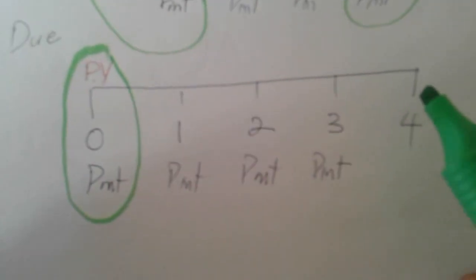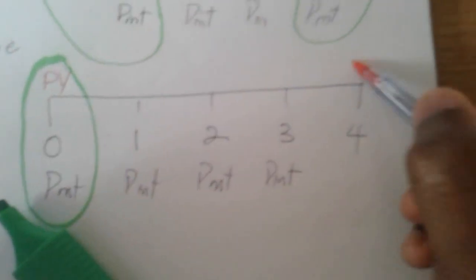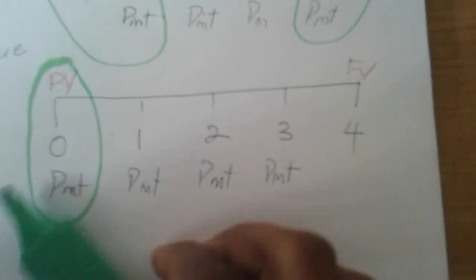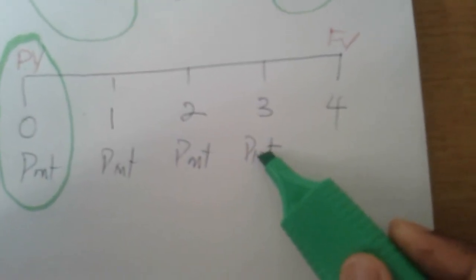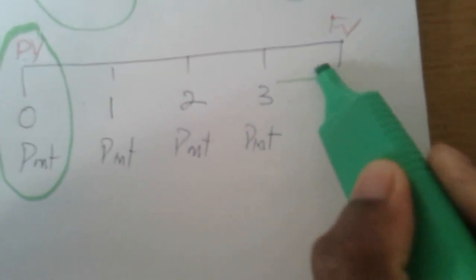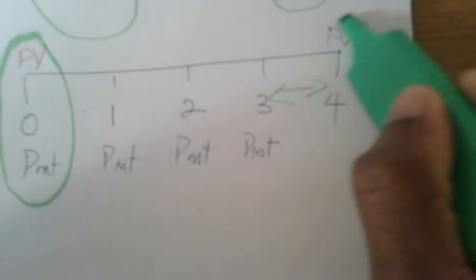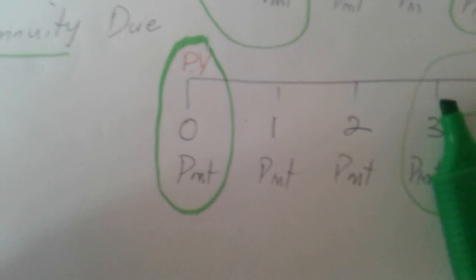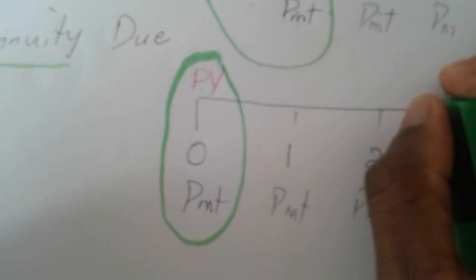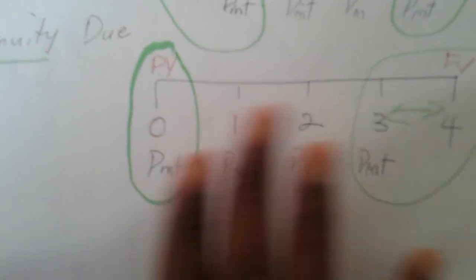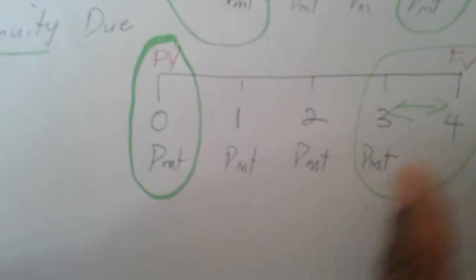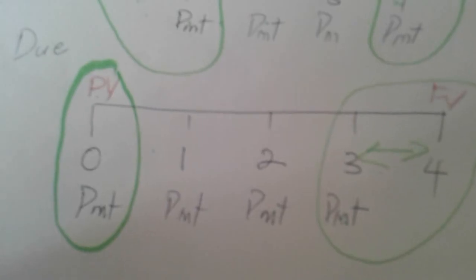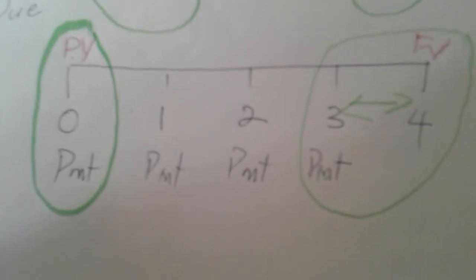Or if your future value and your last payment are 1 period apart, then again you are dealing with an annuity due. So whenever you are given a question on annuities, first of all, draw your timeline, and see if you are dealing with an annuity due or an ordinary annuity.